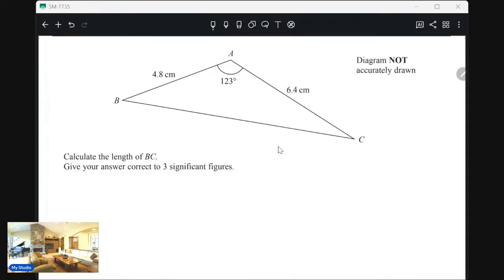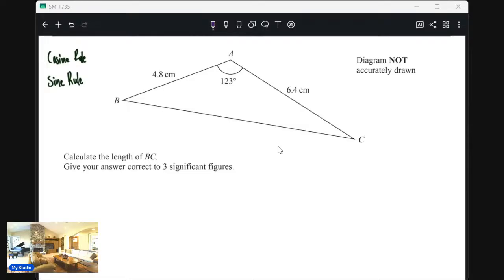So our methods, you quickly write, are the cosine rule and the sine rule, because there is no right angle. Is it true? Do we have a right angle? No, we don't. So what methods do we have? How many methods did we say we have for triangles with no right angle?